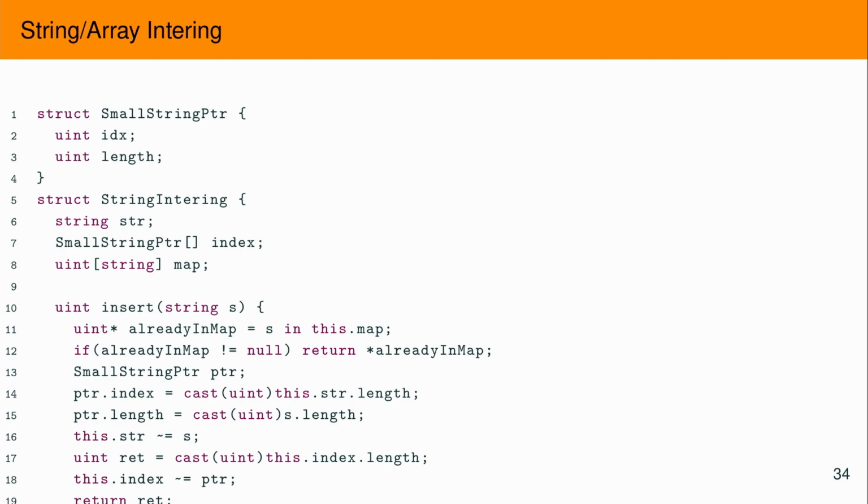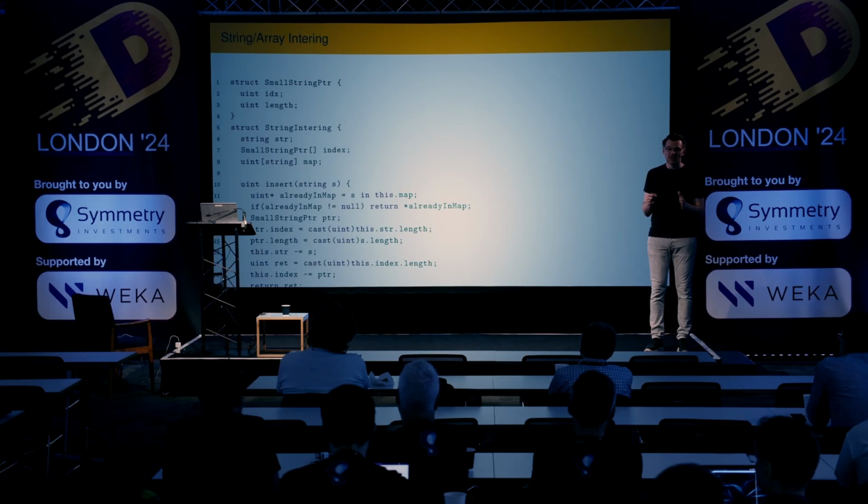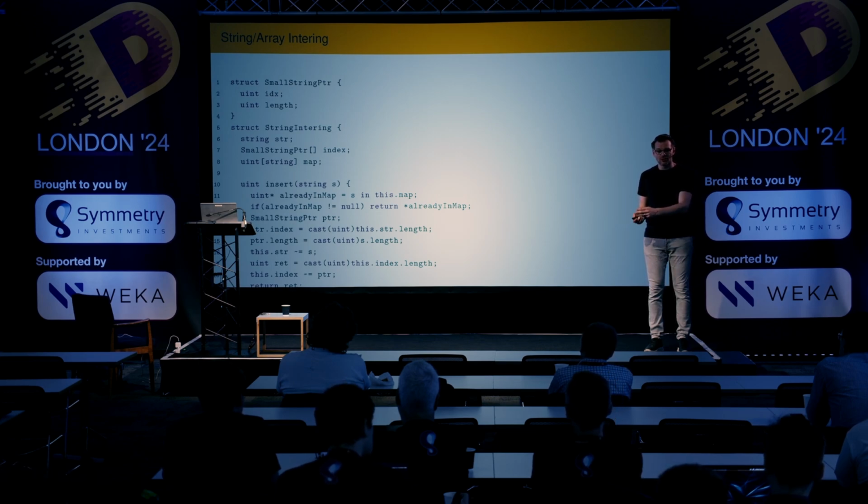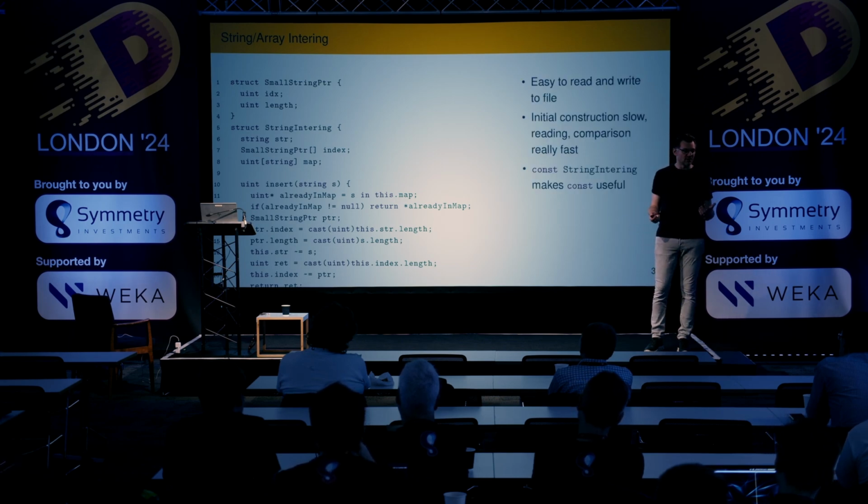You append the string to the string of the string index, you append the index, then you just return the index and you're done. This way, you're compressing the strings that you actually want to store. You also have something that you can write to memory and then return, or write to disk, and then reopen and have that.